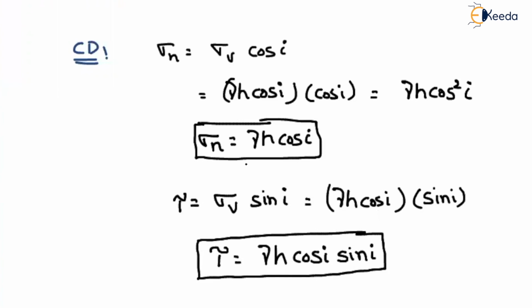Right? So this is the normal stress acting on the plane CD, and this is the shear stress acting on the plane CD. Now, how can we find out the stability? Stability is understood by finding the factor of safety. Already we have seen in the previous slides what the factor of safety is. That is equal to shear strength divided by shear stress. Now, on the plane CD, that means at a depth h from the ground surface, we have found the shear stress.